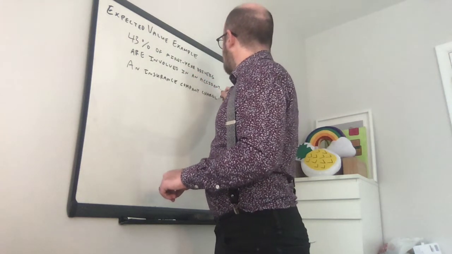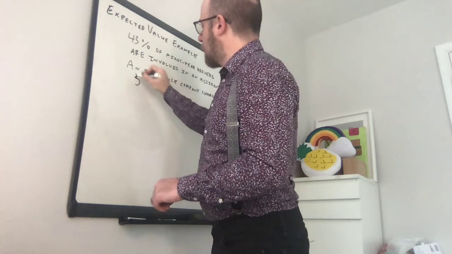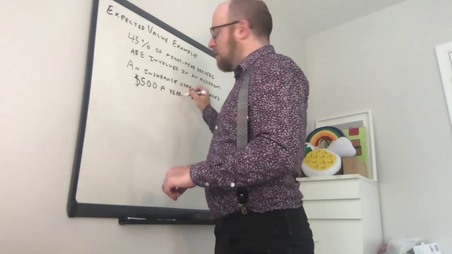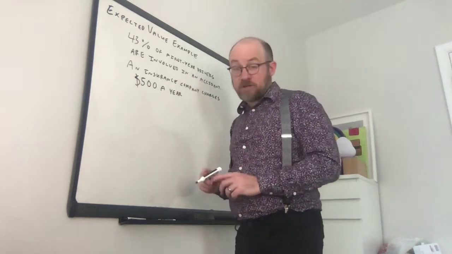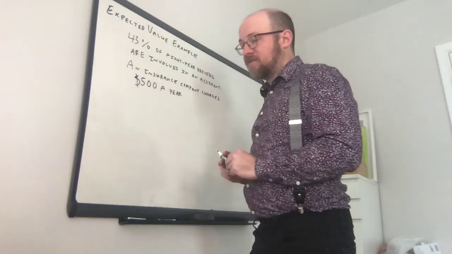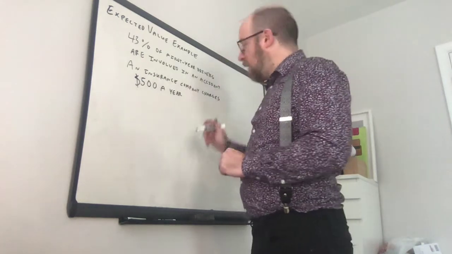charges $500 a year. And for those of you who pay your own insurance or know what your parents pay, this is actually low. It's usually more than this. So $500 a year.